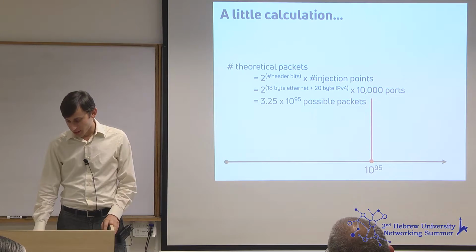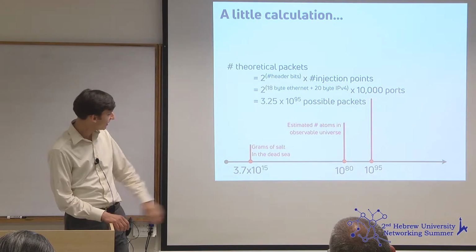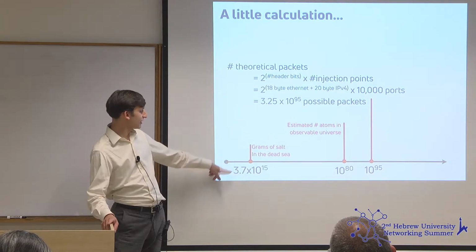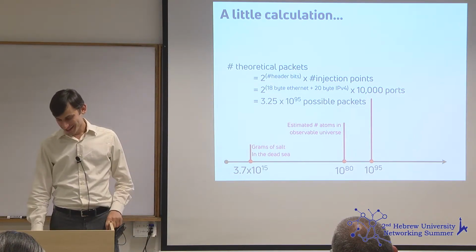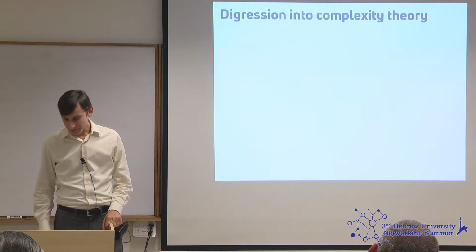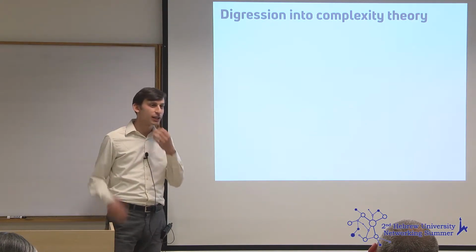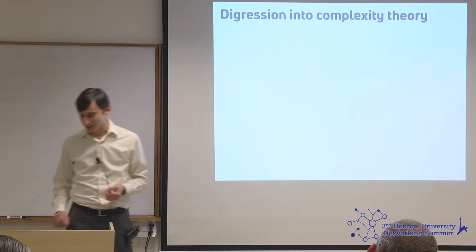So that's 10 to the 95, just comparison points. For comparison, the estimated number of atoms in the universe is 10 to the 80, and the number of grams of salt in the Dead Sea is about 10 to the 15. So a large number. We're going to have to do some more efficient calculation rather than running through all possibilities, obviously.